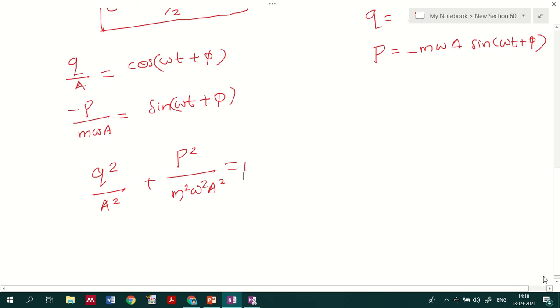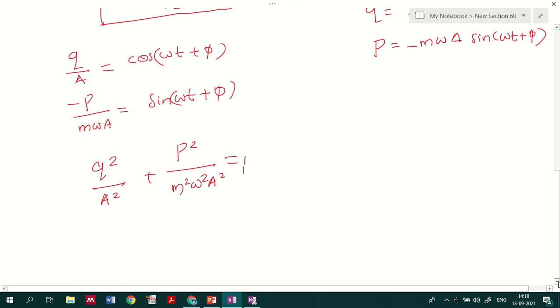Now we know that this is a representation of an ellipse, right? That is q square by a square plus p square by m square omega square a square, means it is like x square by a square plus y square by b square equal to 1. So this is the equation of an ellipse that we are getting here.